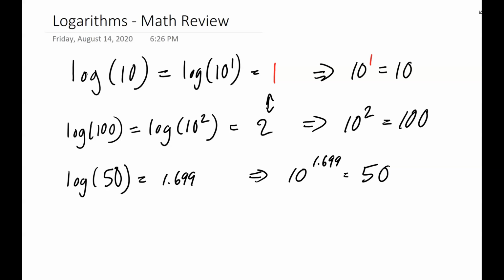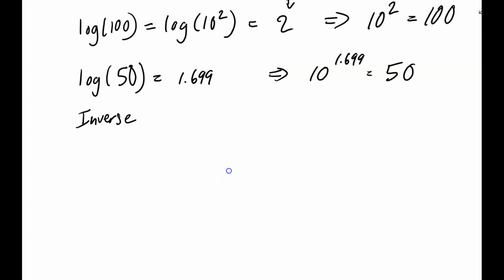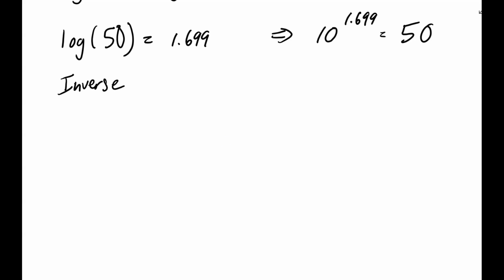So this all tells us actually a way to do an inverse function, right? So how do I do an inverse function for log? For example, say that I have log 50 and I want to remove the 50 from the parentheses, right? How do I do that? Well, I know that if I raise this number here to base 10, I'm going to end up getting 50.